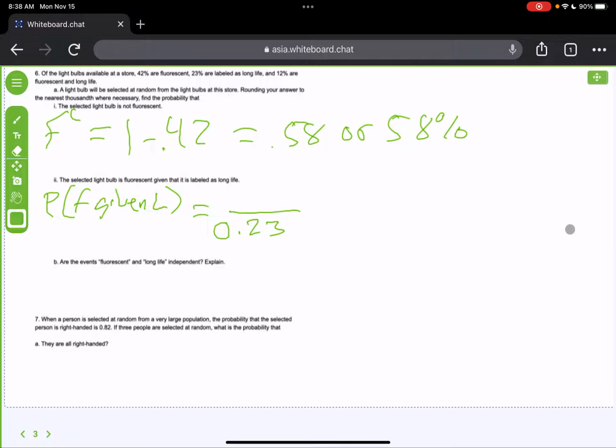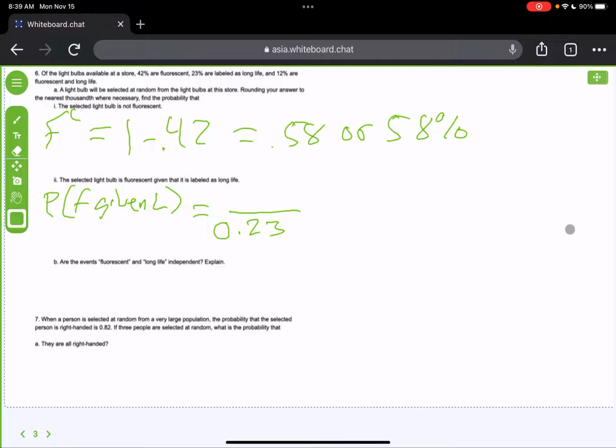Now, what are we looking at for the top? What's going to be on top? Top is going to be fluorescent and lifelong. Okay, because it's got to be lifelong. We are given that it is lifelong, right? But we're looking at the fluorescent in that group.